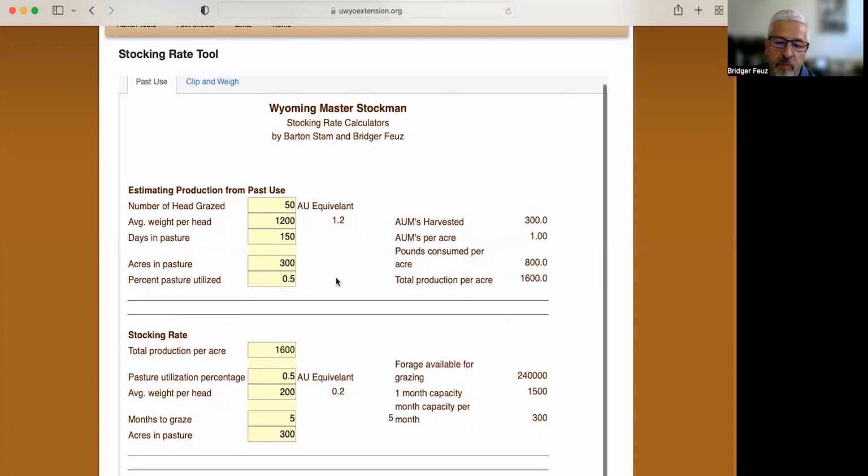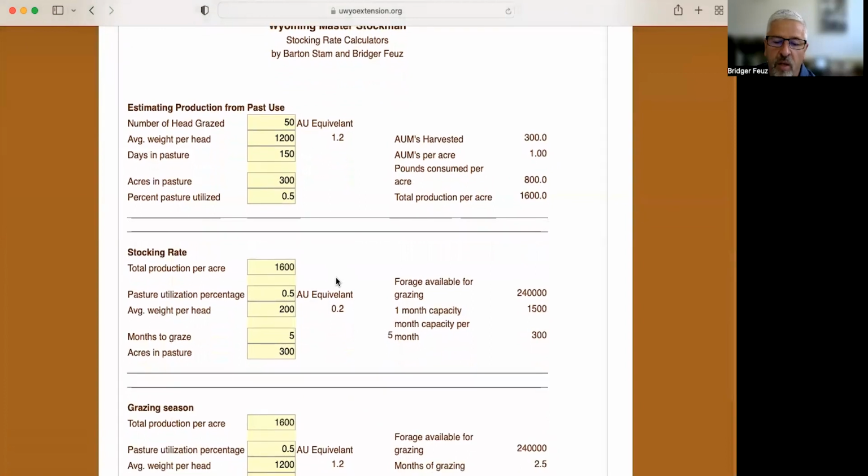So the next one can help us think about how long we could be out there. And in this, let's take this example of, in this first example, we had 1,600 total pounds of production. So I entered it there. And we still plan on doing 0.5 pasture utilization. But let's think about on that same pasture where we had 50 head of cows for 150 days.